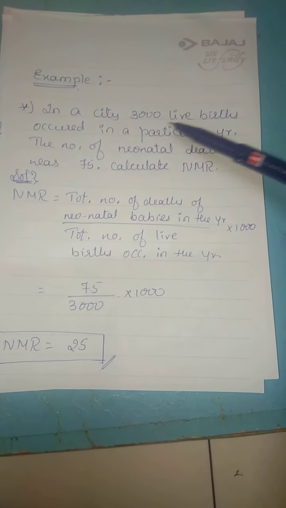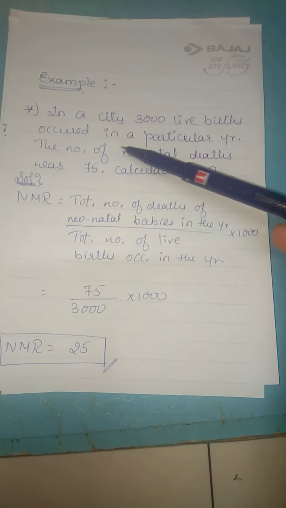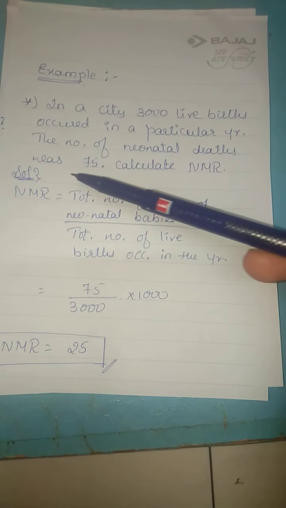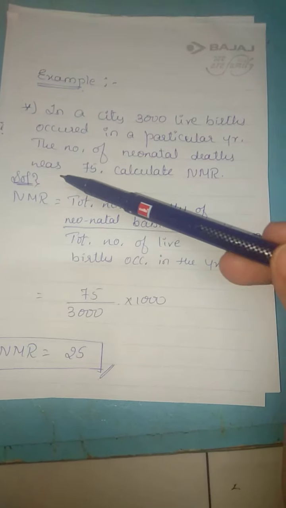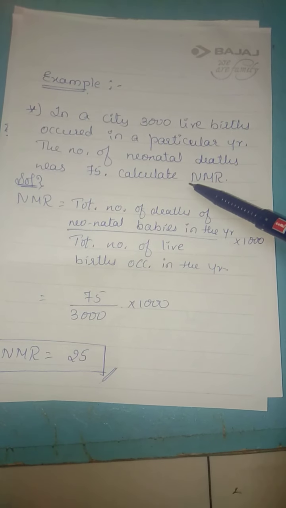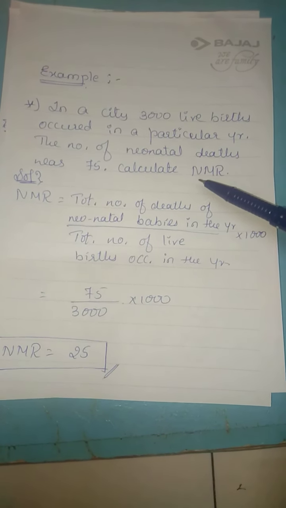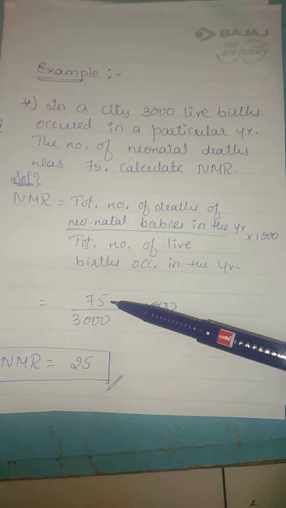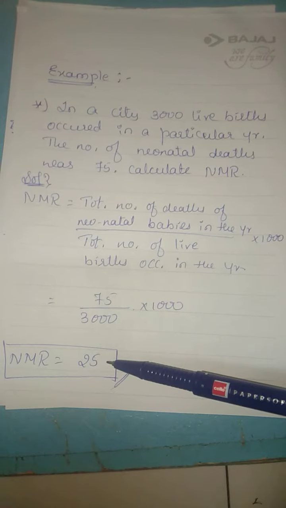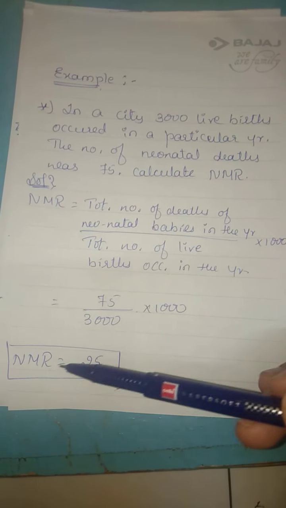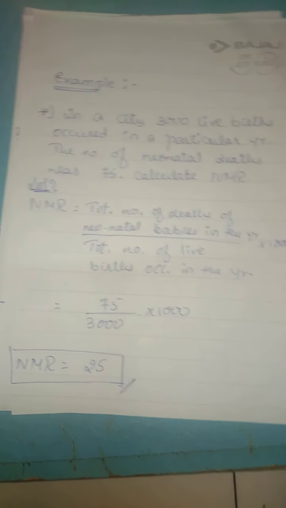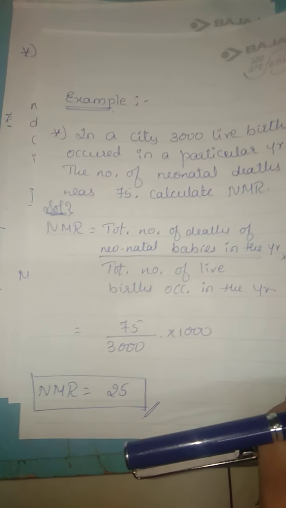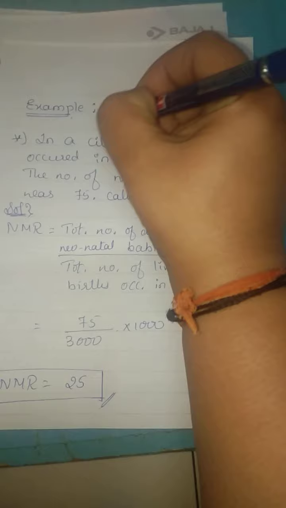In a city, 3000 live births occurred in a particular year. The number of neonatal deaths was 75. Calculate NMR. As usual, write the formula, substitute, get the result. Here NMR is equal to 25 per 1000. Again a 2 marks problem.